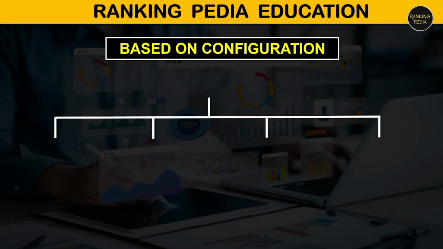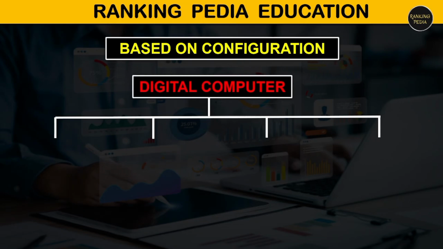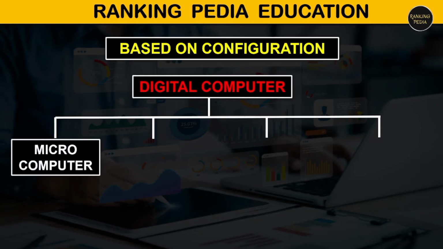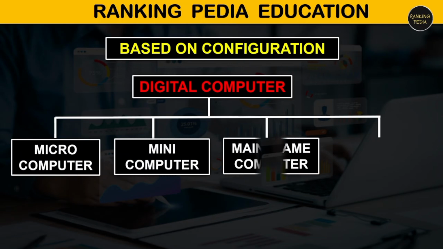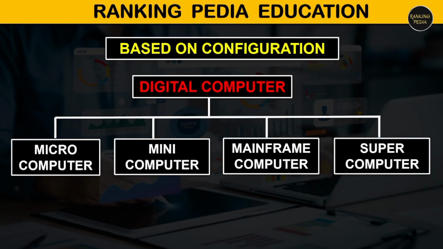Based on their capacity, speed, and reliability, digital computers can be divided into microcomputer, then minicomputer, third is mainframe computer, and fourth is supercomputer.